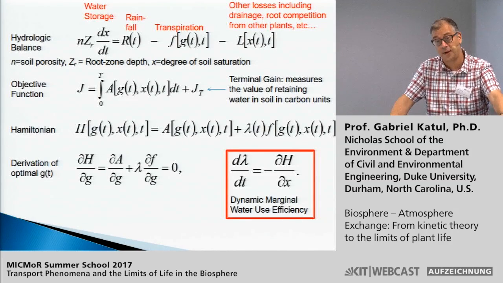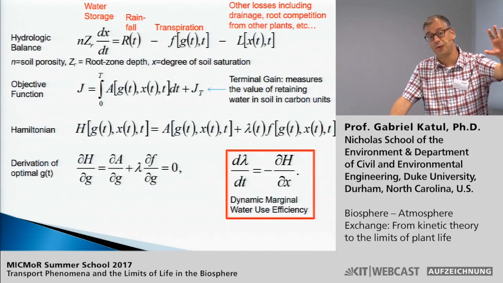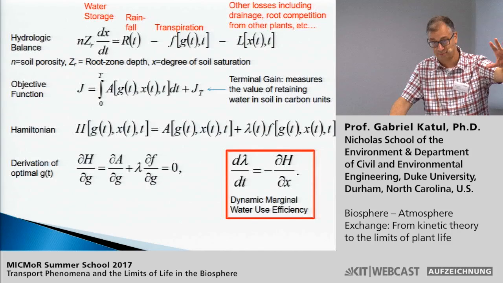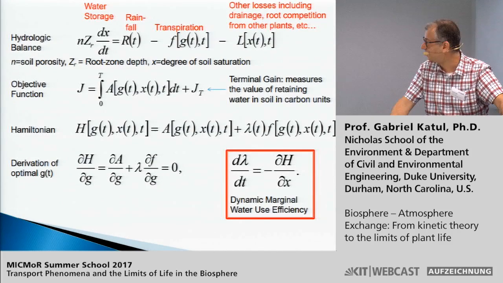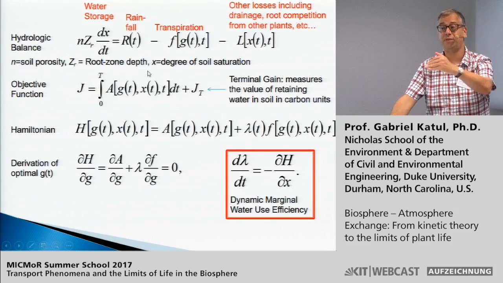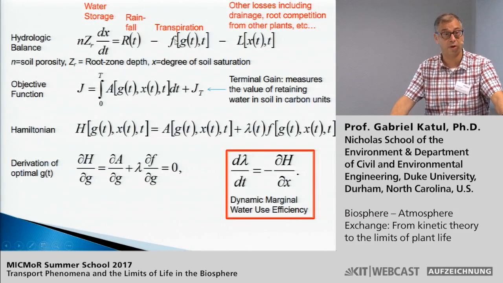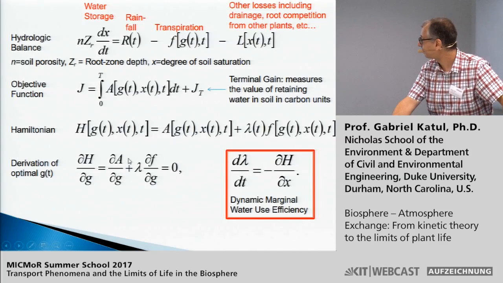But if a plant is adopting a very conservative strategy because of uncertainty in rainfall, you probably want to leave some water in the rooting zone. So in fact, this terminal gain, as we shall see in a minute, allows us to at least pit different strategies of plant water use in this optimality theory and link them to the operation of the stomates, the leaf.